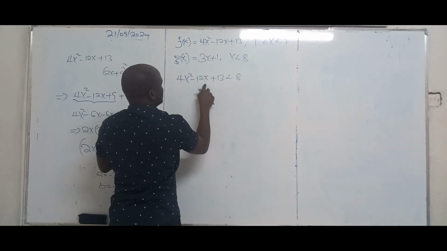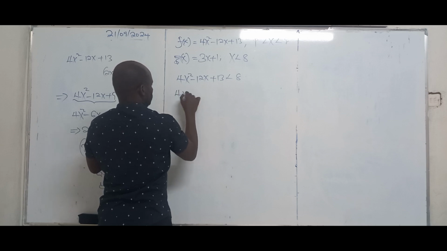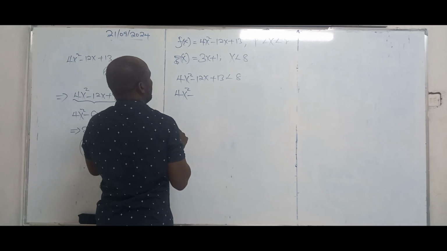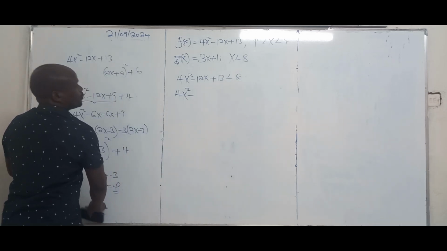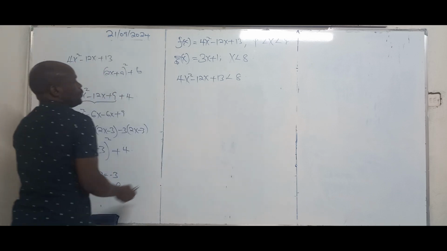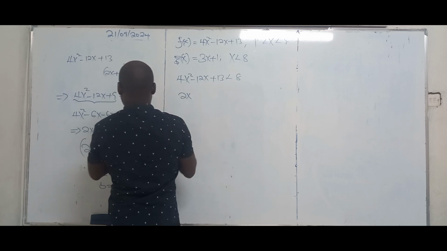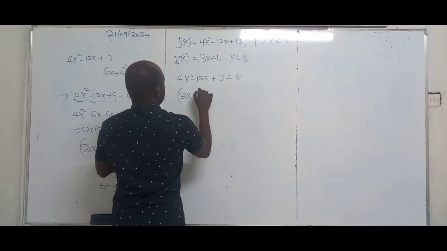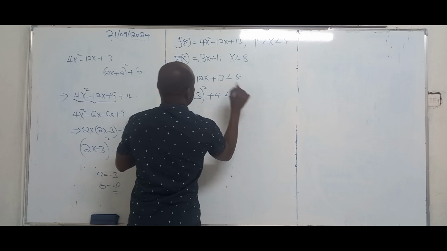But we know this part, we can write this as a perfect square. So we say 4x squared minus 12x plus 13 is 2x minus 3 squared plus 4, which is less than 8.